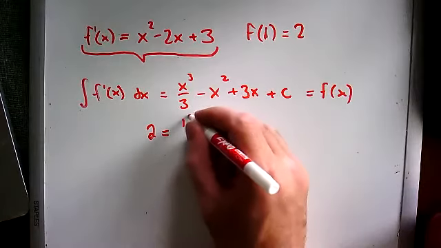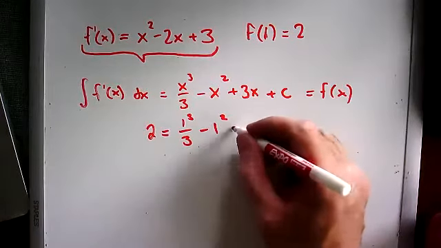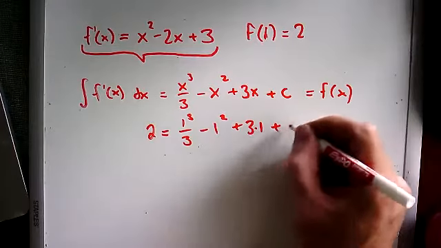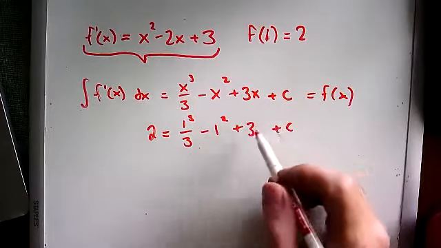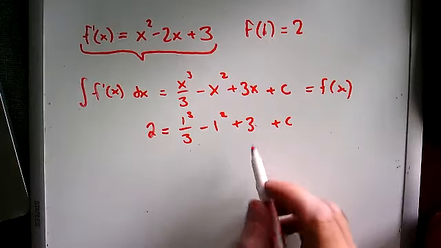So then 2 equals 1 cubed over 3 minus 1 squared plus 3 times 1 plus c. I just let x equal 1 in all these places. And now we're going to solve for c to finish the problem.